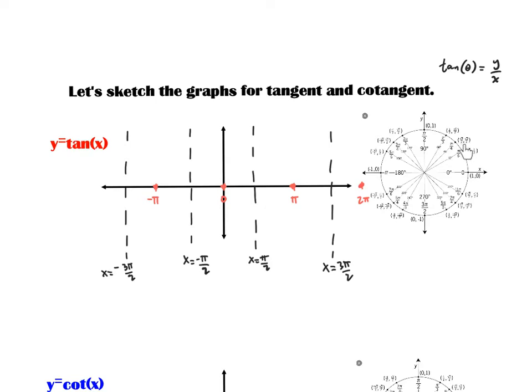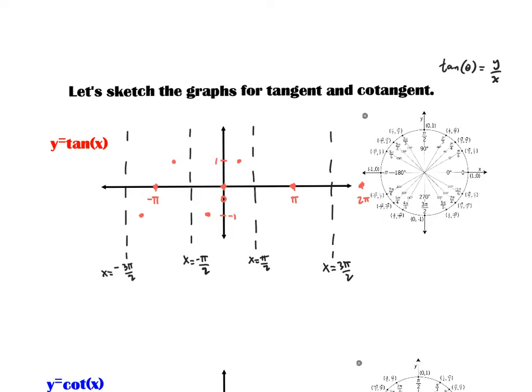If that's true, then root 2 over 2 divided by root 2 over 2 will be 1. So we get an output of 1 at pi over 4. I will get an output of negative 1 at negative pi over 4. And the same will be true, or very similar, for negative 3 pi over 4, negative 5 pi over 4.